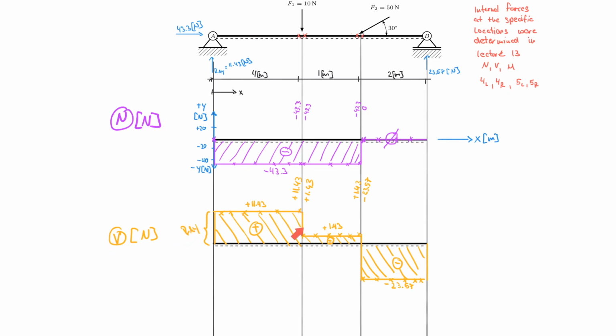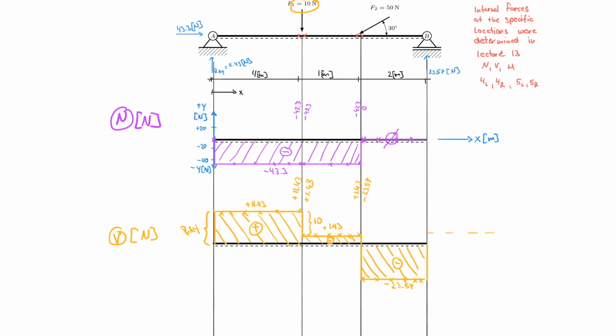How big is this jump here? That jump is exactly the force of 10 newtons here on the top, right? So that jump is 10. This is just for education; nobody would write this later on. But I want you to see that we have a jump of 10 here. And then what other jump do we have? We have a jump here that I'm going to copy over to the other side.